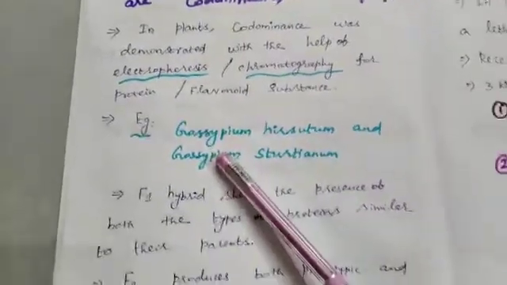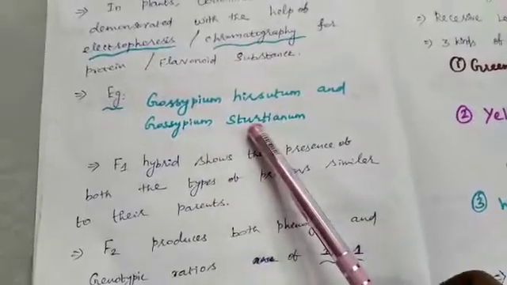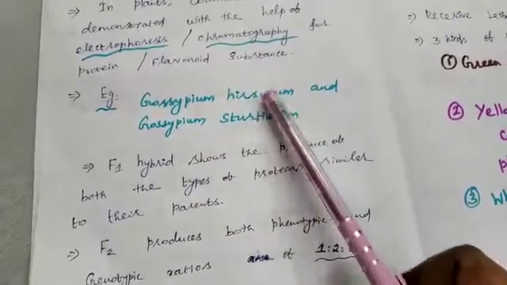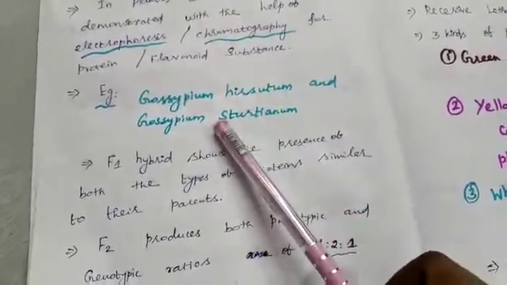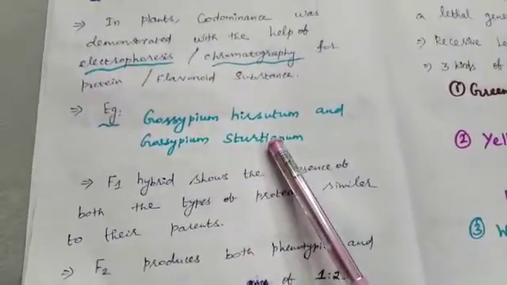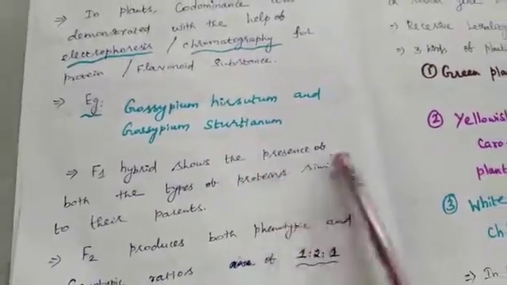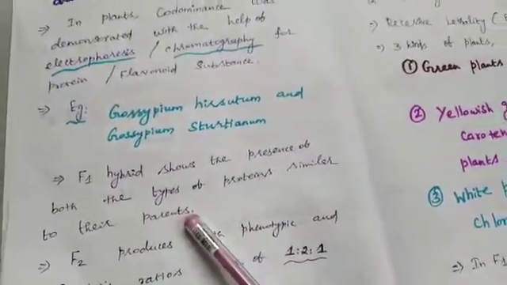Here the example is Gossypium hirsutum and Gossypium stocksianum. These are two different species of the same genus of the cotton plant. The F1 hybrid shows the presence of both types of protein similar to their parents.